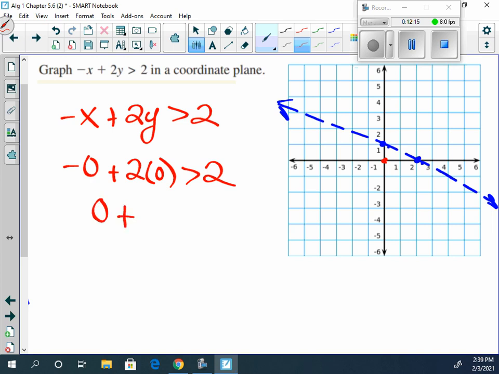Plus 2 times 0 is 0. 0 plus 0 is 0. Now is 0 greater than 2? No. So since it's false, we do not shade the side with 0, we shade the other side.